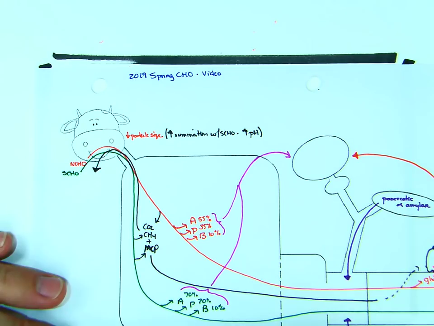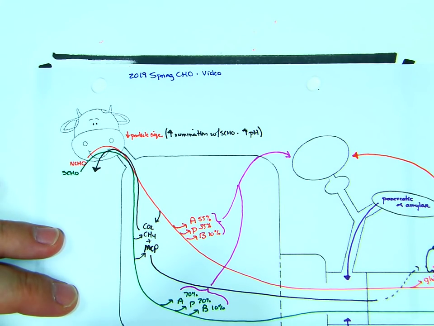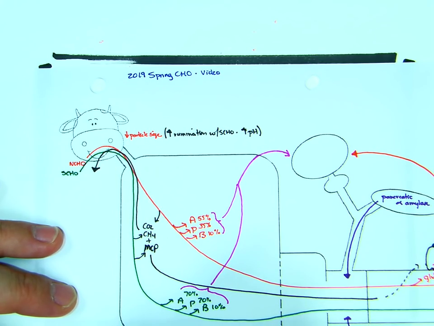And in the rumen and the large intestine, cellulose is going to become oligosaccharide, which is going to become cellobiose, which is going to become glucose, which will then be fermented to acetate, propionate, butyrate, which is what you're going to absorb. We also have CO2 and methane, and this can take place in the large intestine and the rumen.